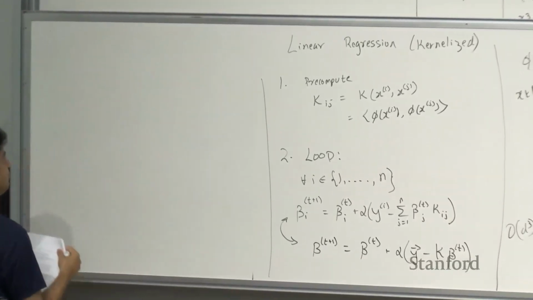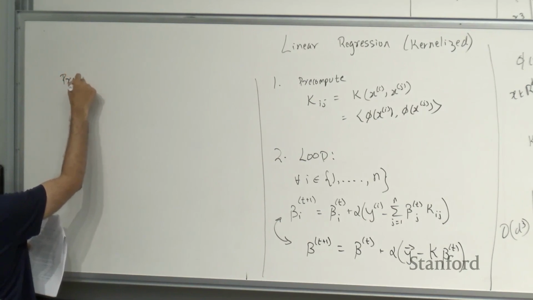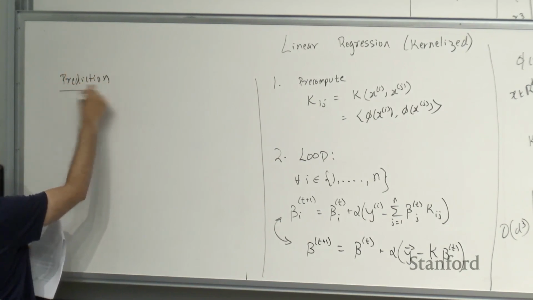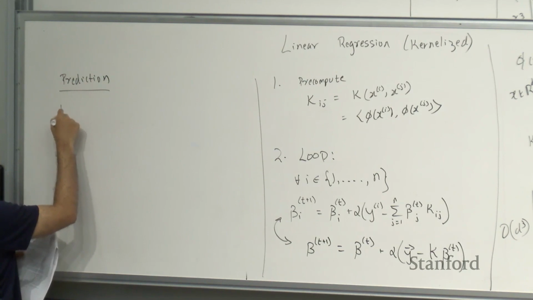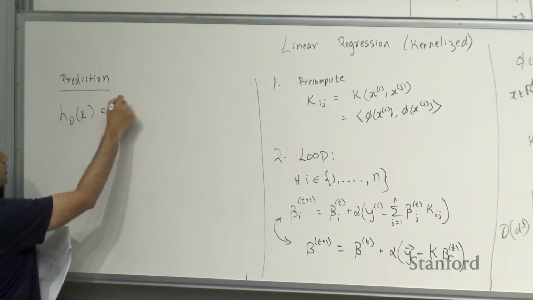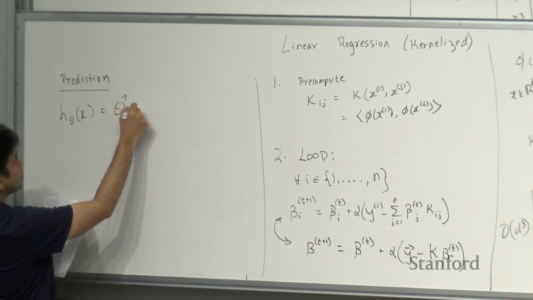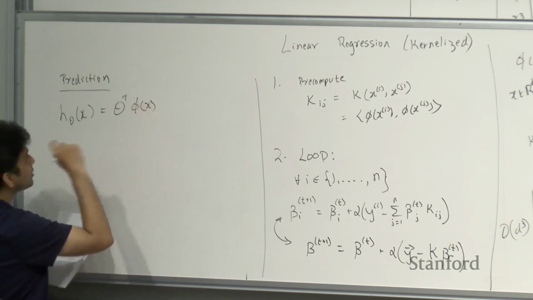For prediction, we have h_theta of x equal to theta transpose phi of x.